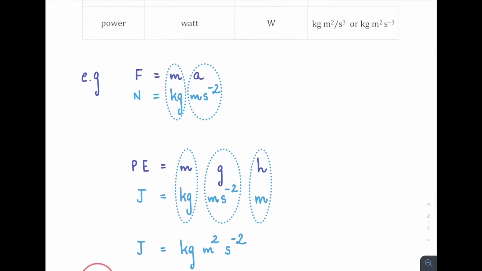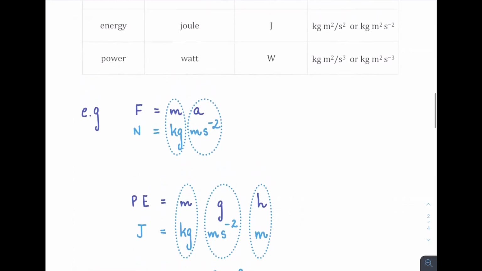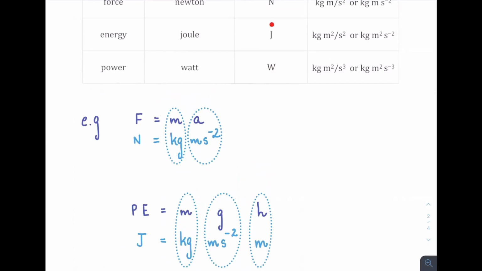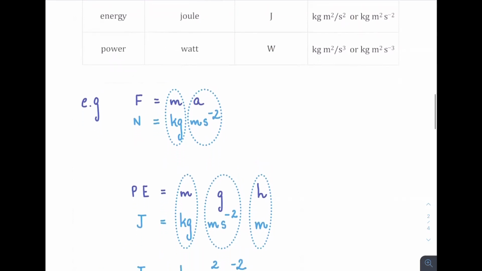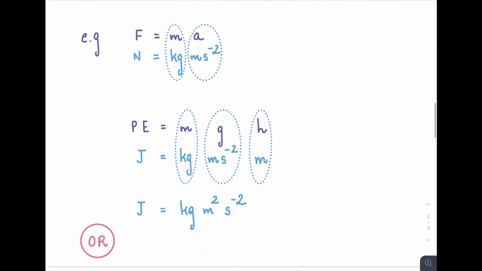So we end up with the joule, which is equivalent to kilogram meter squared second to the -2, just as we had on the table, joules equivalent to this. Now, some of you might tell me, what if we start from kinetic energy equals half mv squared?